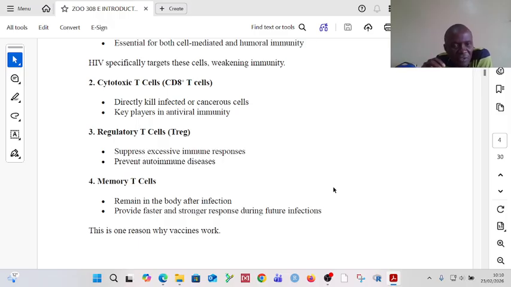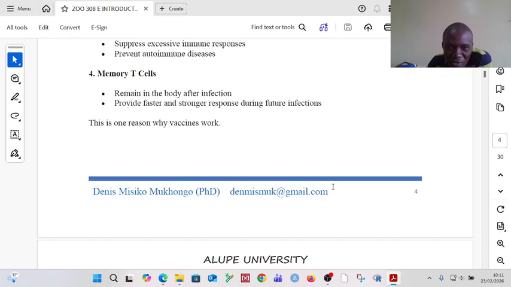In case you are infected with the real pathogen, the one which is not attenuated, these T cells are brought in faster to help mop up that infection. That's the principle on which vaccines work. The importance of memory T cells is providing a faster and stronger response in case there is a future similar attack.